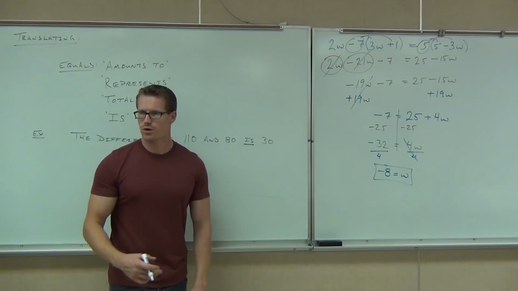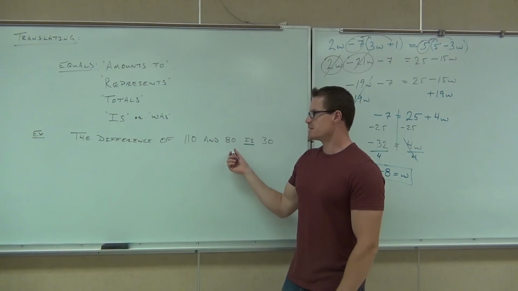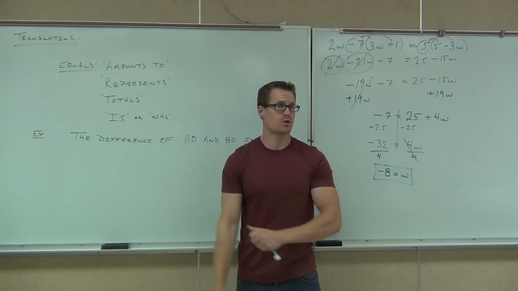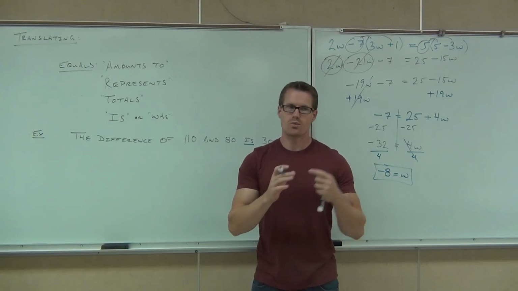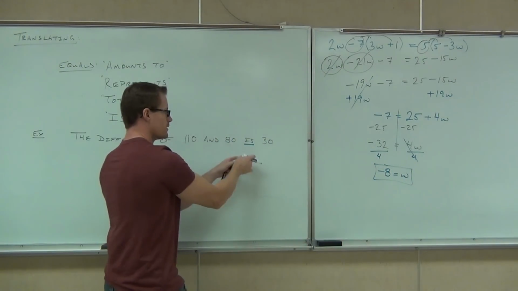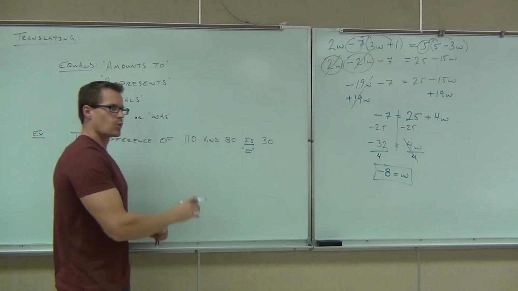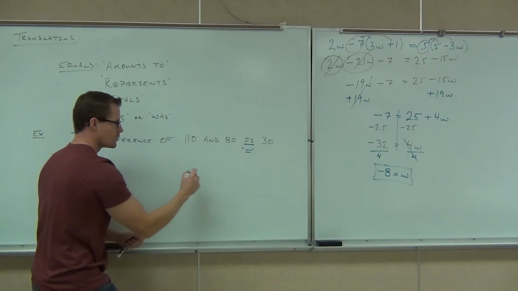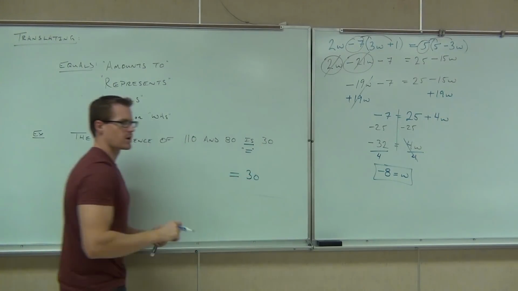In a word problem, whatever comes before the word that means equals is on the left-hand side of your equation. Whatever comes after is on the right-hand side. It separates that for you. So really, all we need to do is identify that word that means equals. In this case, it's is. Whatever's on the right-hand side will be on the right-hand side of our equation. So if we have an equals, 30 is the only thing on the right-hand side.